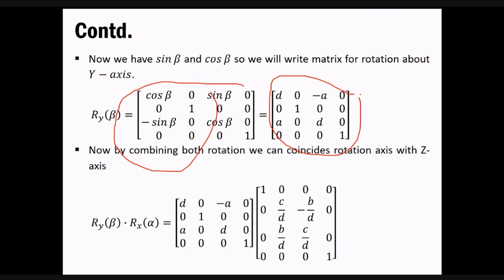So by combining both rotations, we can coincide the rotation axis with the z axis. You just put the previous two rotations together, and by doing this series of operations we coincide our rotation axis with the z axis.